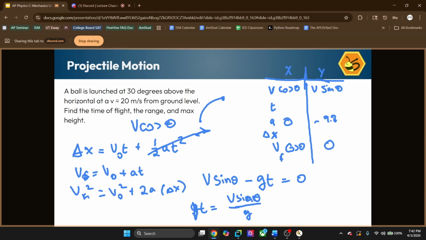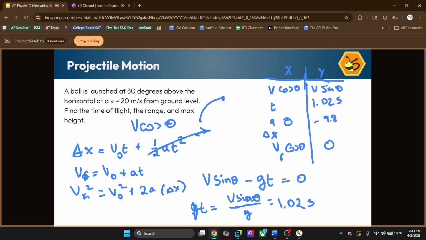So v is 20 sine 30 degrees, over g, which is 9.8. So t is 1.02 seconds.